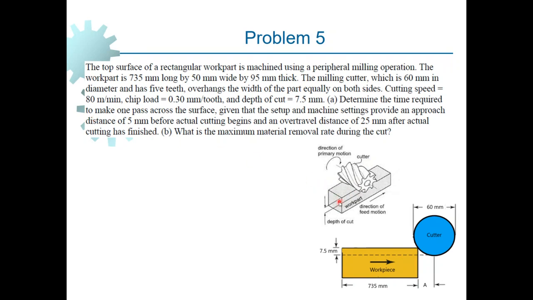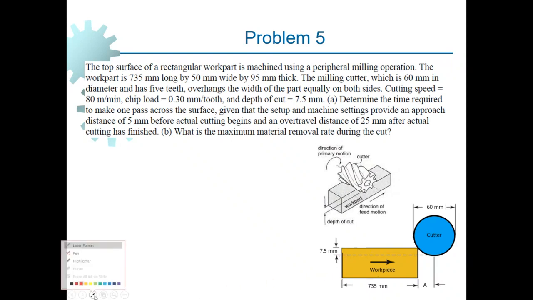How long does it take to take one pass from the top face of this workpiece? And also, we need to consider 5 millimeters before and also 25 millimeters after the actual cutting, the actual length to be machined.